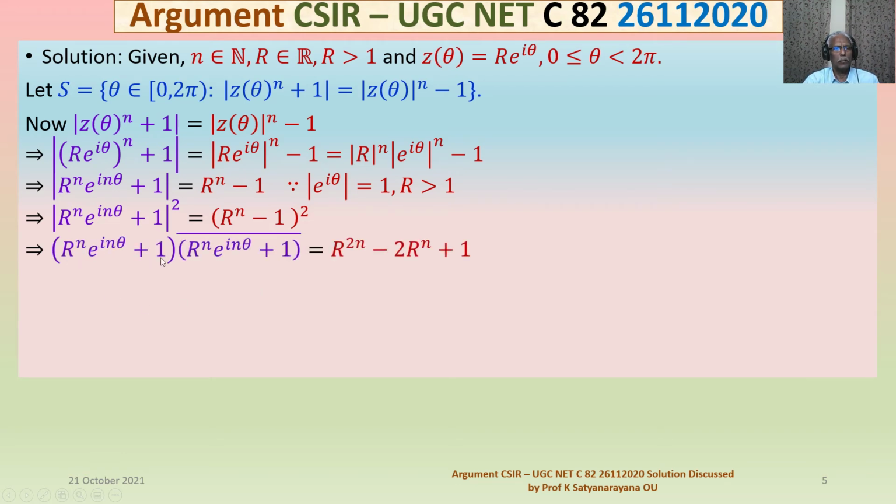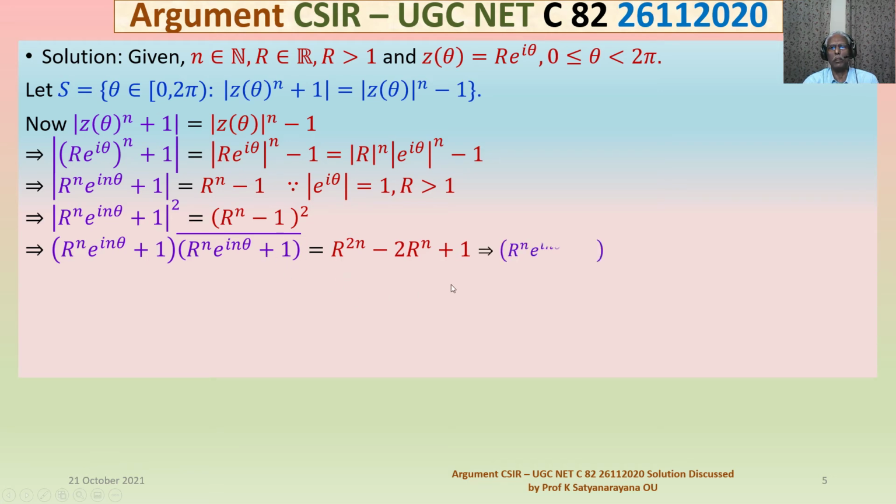When you take the conjugate of r^n e^(i n theta) + 1, it is r^n, because r is real, and the conjugate of e^(i n theta) is e^(−i n theta), and the conjugate of 1 is 1.